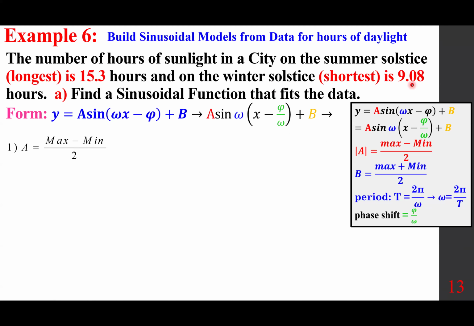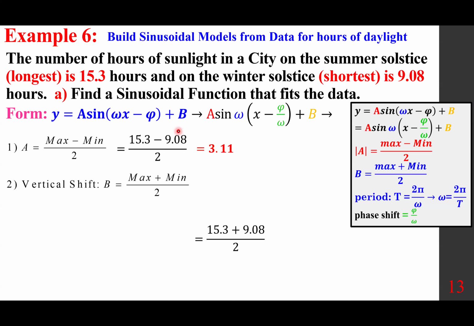So 15.3 minus 9.08 divided by 2, we get 3.11. Vertical shift B, add them up, divide by 2. So 15.3 plus 9.08 divided by 2, we get 12.19.